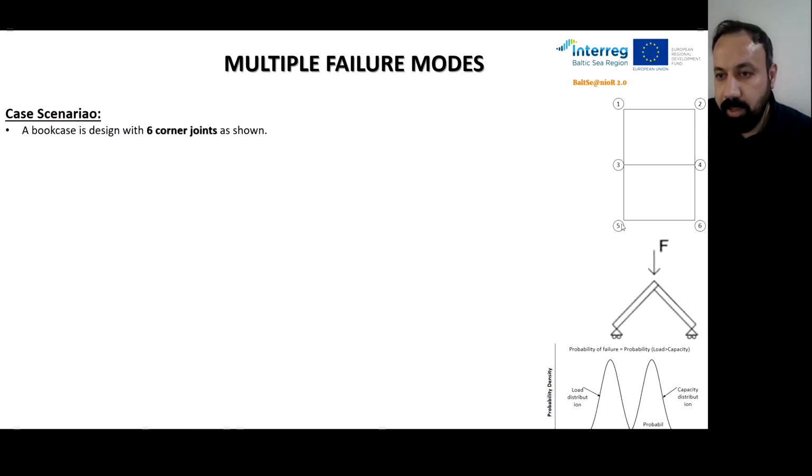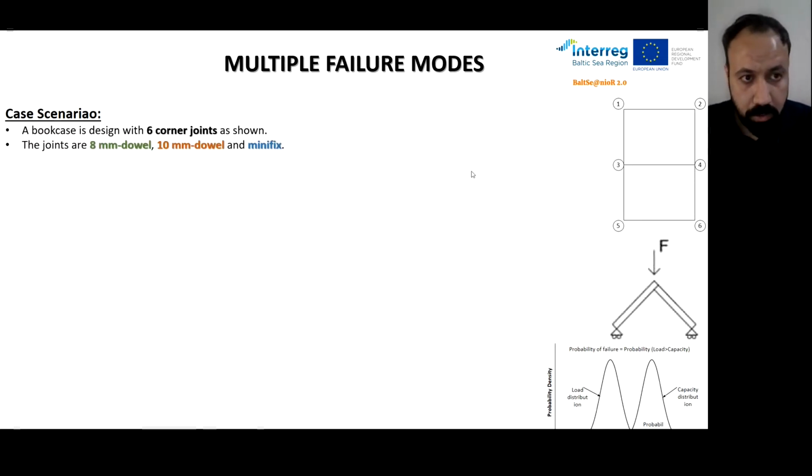If I get the data from this construction, the data will be distributed in the load distribution and that part. And I will check the shaded area. What is the failure probability? So let's go to my case scenario. And here a bookcase is designed with the 6 corner joints and that one.